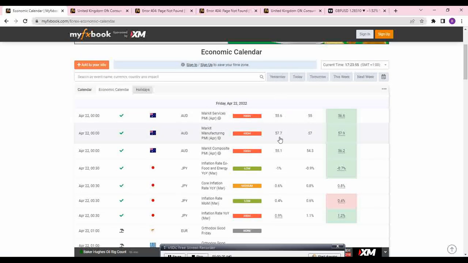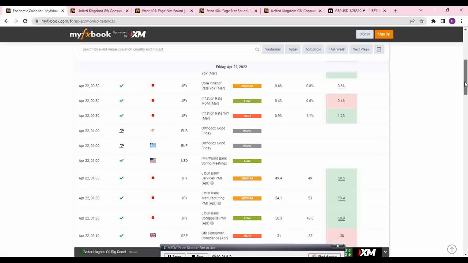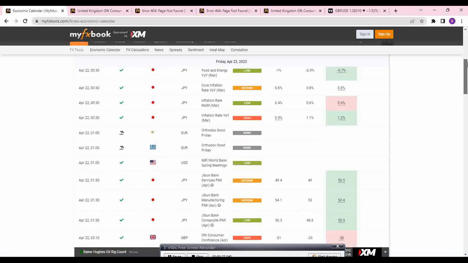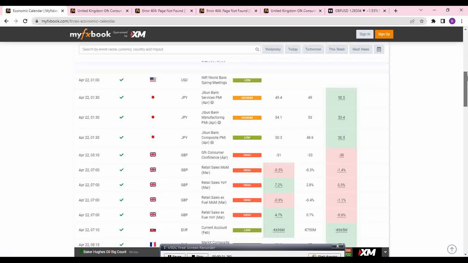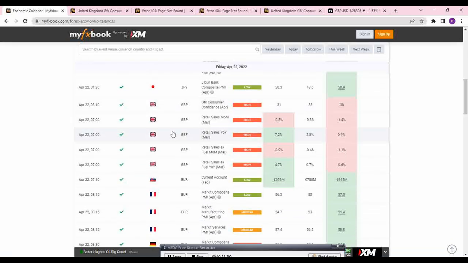Look at this. Remember we traded GBP USD, so every news item that concerns our movement should be about GBP and the US dollar. This is the news for GBP, which is pounds.